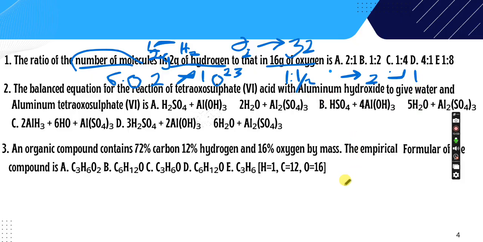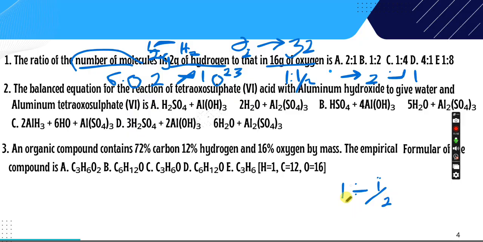Ratio is like division, right? So we are going to have 1 divided by 1 over 2. This division is going to change to multiplication, so it will change to 2 over 1.